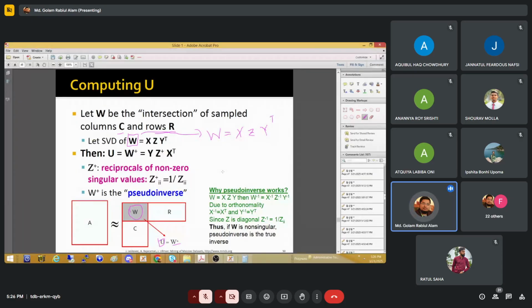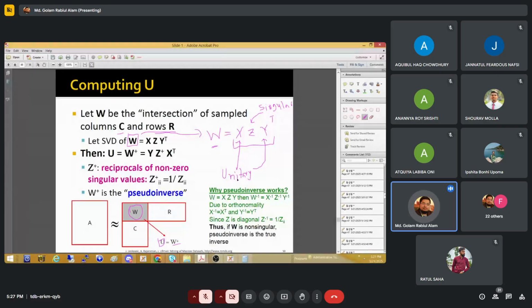In SVD, usually we can factorize or decompose this matrix using these three matrices, where the first one and the last one are unitary matrices, and this G is another matrix, consisting of the singular values.